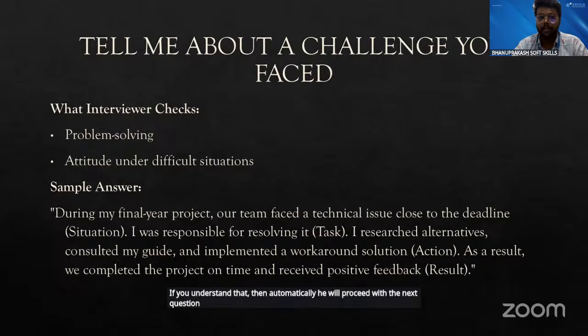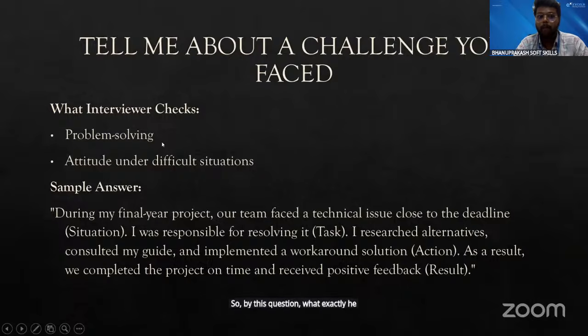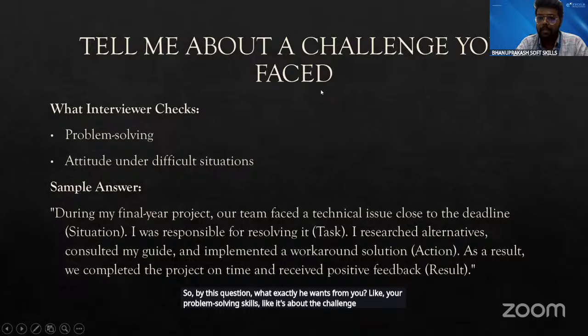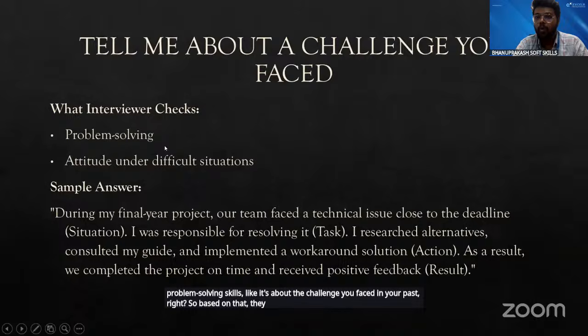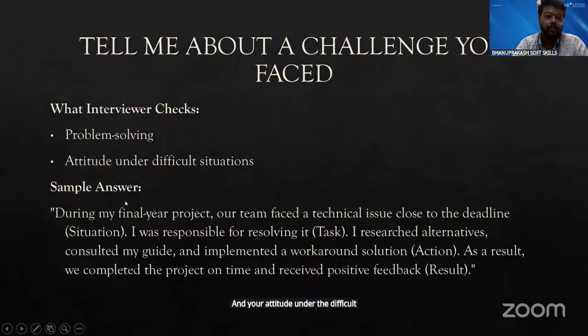He won't get stuck there. So by this question, what he wants from you is your problem-solving skills. It's about the challenge you faced in your past, right? Based on that, they just want to know how you solved problems previously and your attitude under difficult situations. So applying this STAR method, you can frame this answer in such a way.